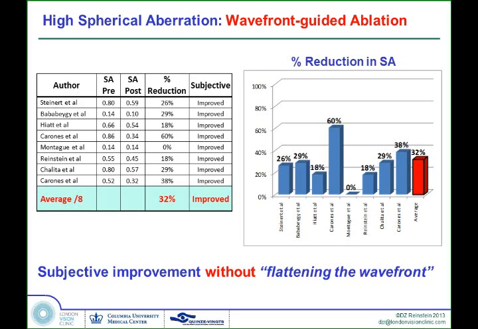But as Dan pointed out, it didn't flatten the wavefront. These people still had some spherical aberration left within their visual systems. What it did do is bring them down to, in the patient's view, a subjective improvement level of spherical aberration. So their night vision improved to a reasonable, tolerable level.